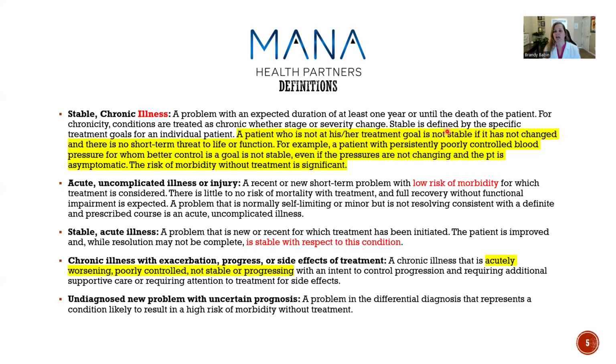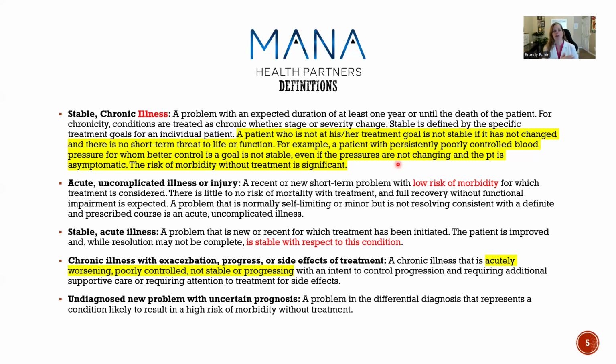So stable is defined by the specific treatment goals for the patient. A patient who is not at his or her treatment goal is not stable if it has not changed and there's no short-term threat or life of function. For example, a patient with persistently poorly controlled blood pressure for whom better control is a goal is not stable, even if the pressures are not changing and the patient is asymptomatic.